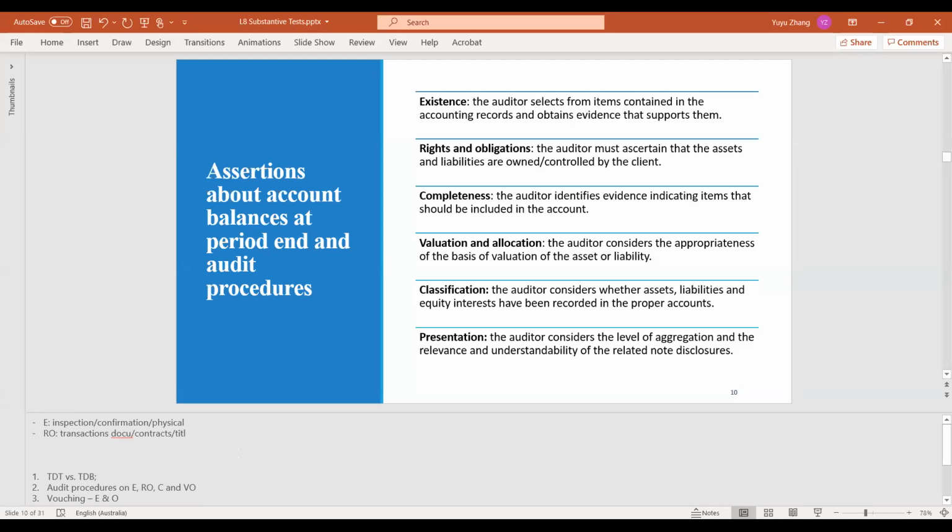You can review the title documents. So for completeness, we are also doing inspection to check if all the documents actually have been recorded in the accounts.